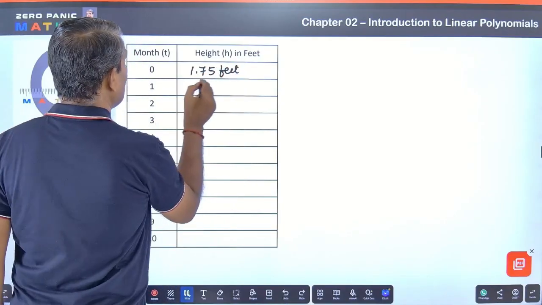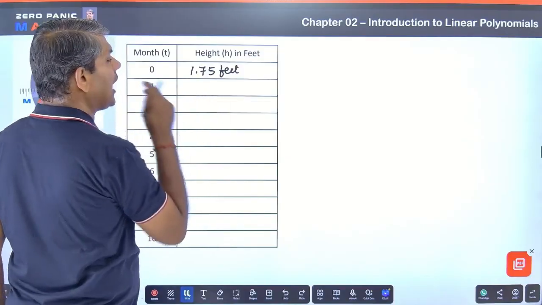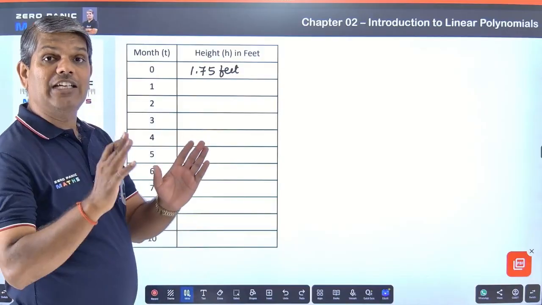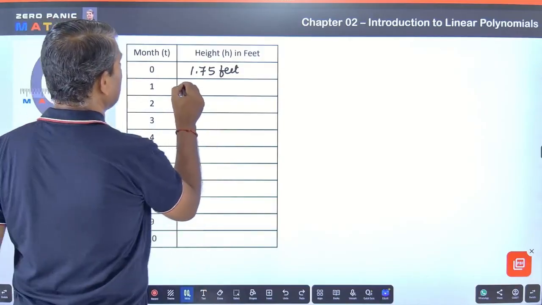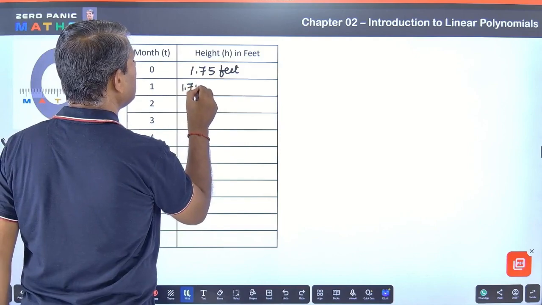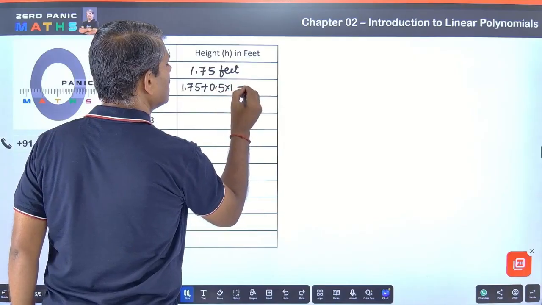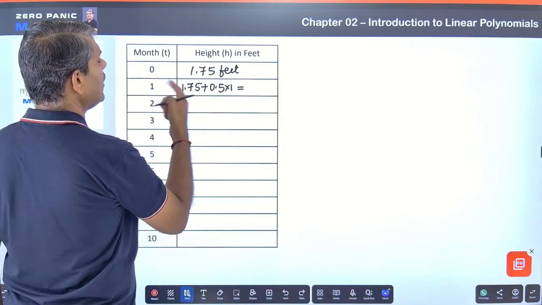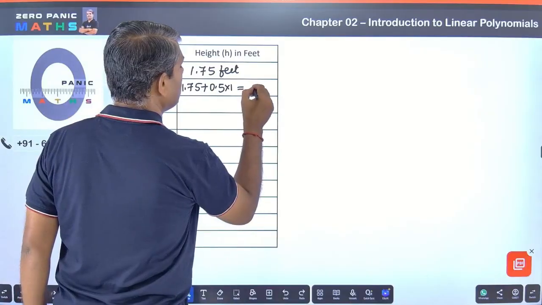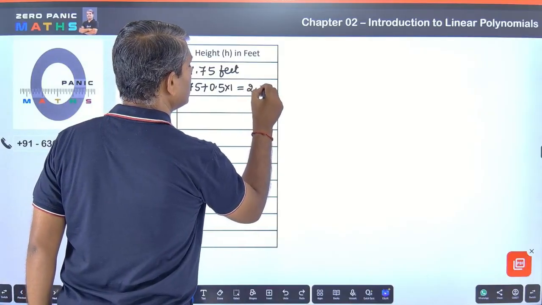Now how do we calculate the height after 1 month? It is the initial height plus the increase in height after 1 month. So adding 0.5 to 1.75 will be 2.25.